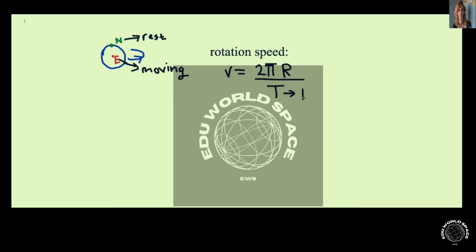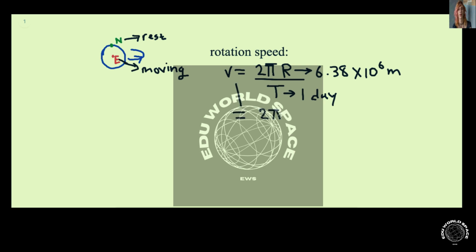So this would be 1 Earth day, just to say 24 hours. This value is quoted in the book as 6.38 times 10 to the 6 meters, or roughly about 6,400 kilometers. That's the radius of the Earth.